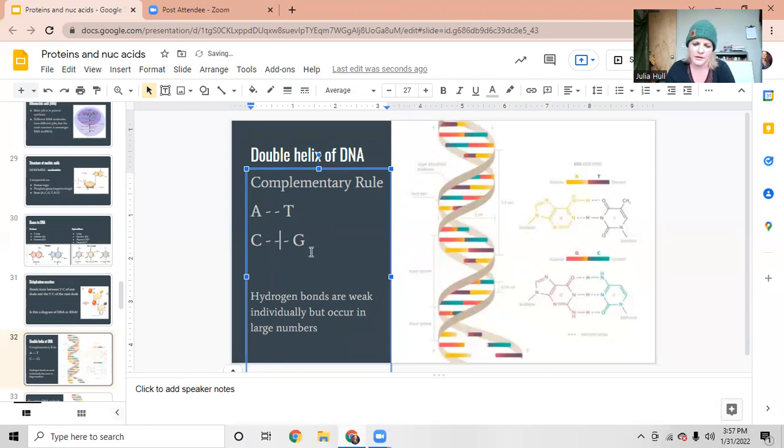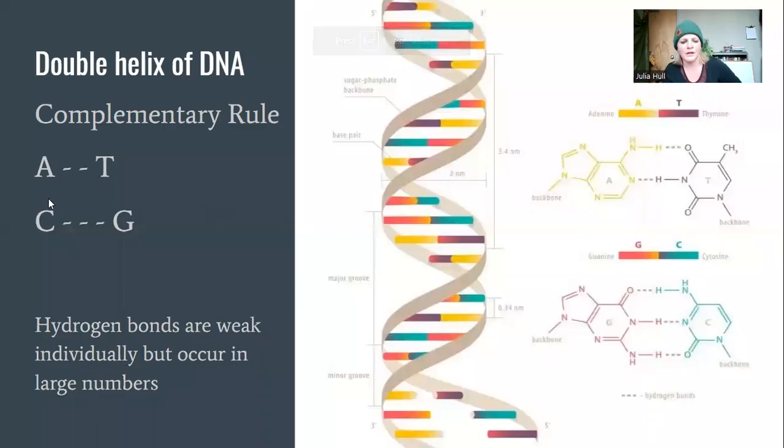Oops. Okay. So our adenine and our thymine are held together through 2 hydrogen bonding links, and then guanine and cytosine are held together by 3. So that's what those dashes, those hyphens are there.